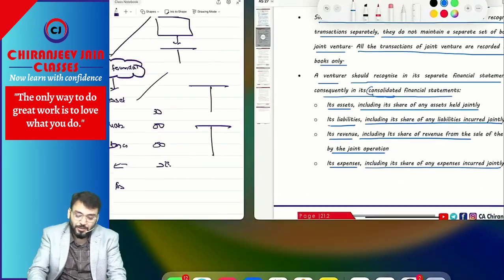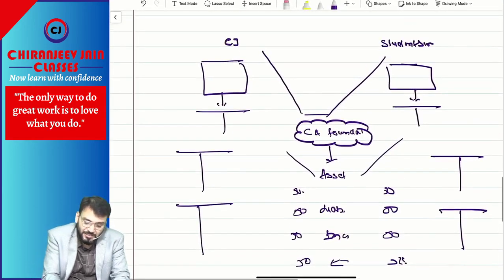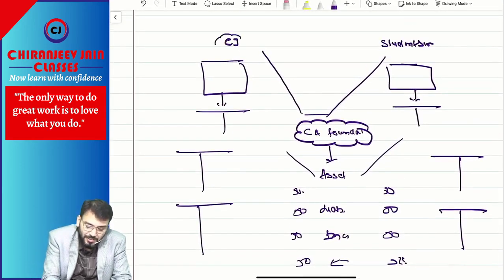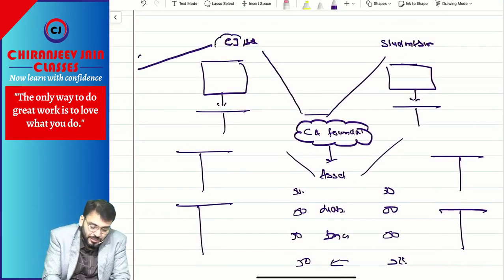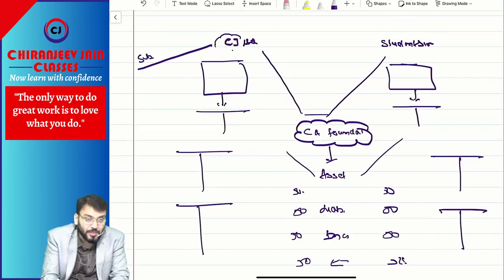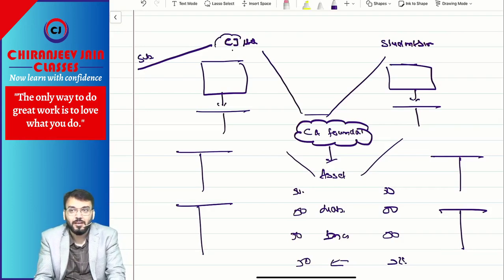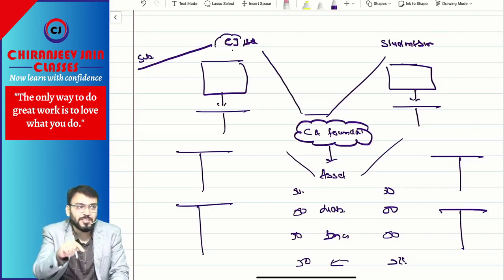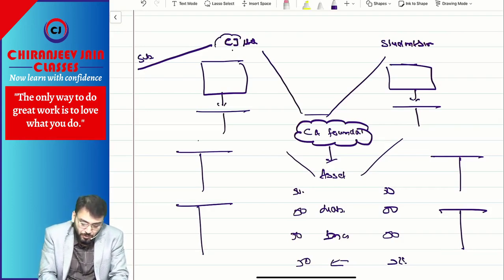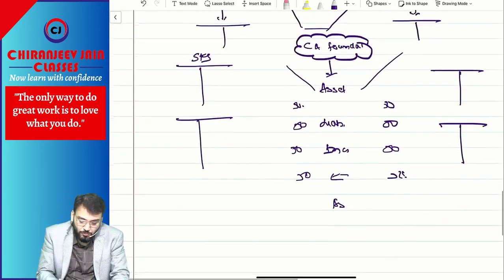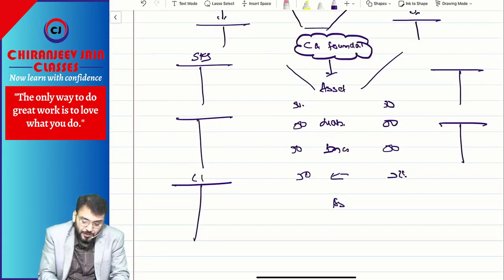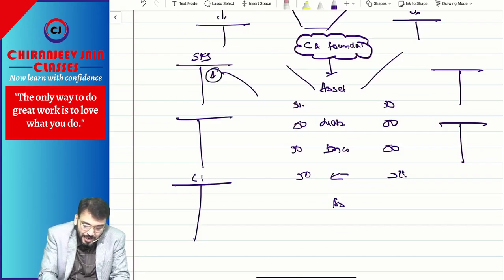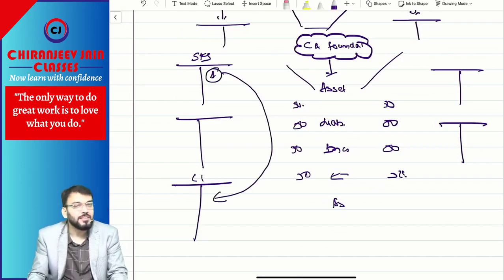Now just try to understand: this is one entity, this can be CJ Limited. CJ Limited has one subsidiary, so CJ Limited will also prepare CFS. After the separate financial statements, CFS will be prepared. So if any asset is coming here, that asset will automatically come to CFS.